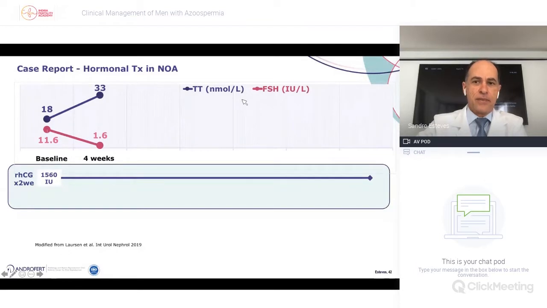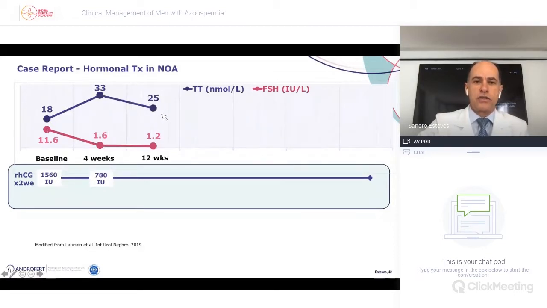Four weeks later, the FSH levels went down and the testosterone levels went up, but it was too high because our ceiling in nanomoles per liter should be around 27, 28. So in this case, I decreased the HCG dosage from 1,500 to about 800 international units twice a week.